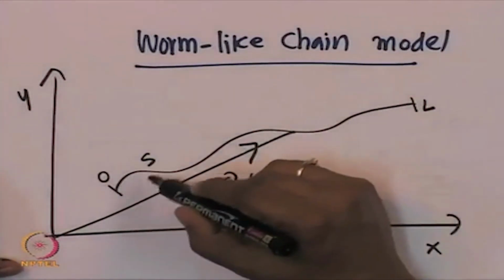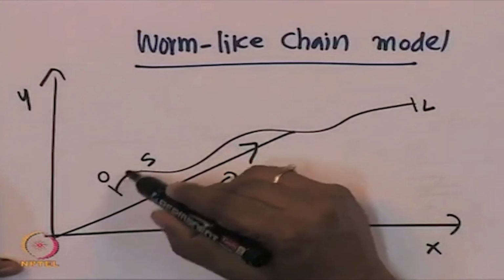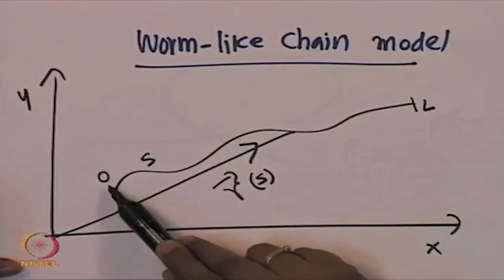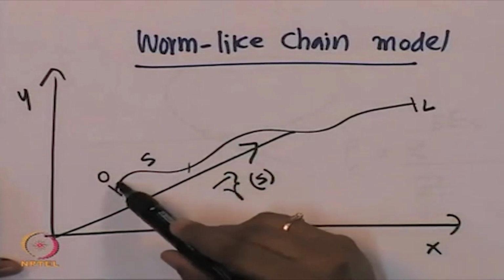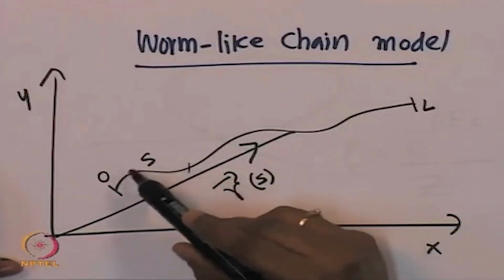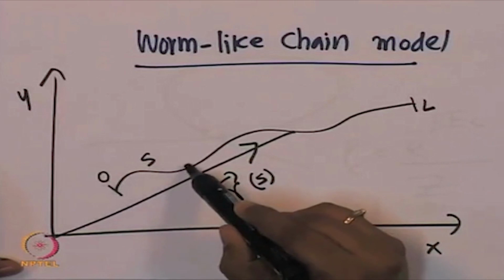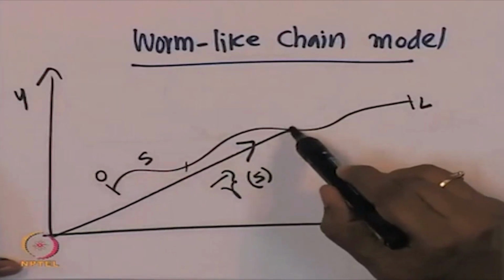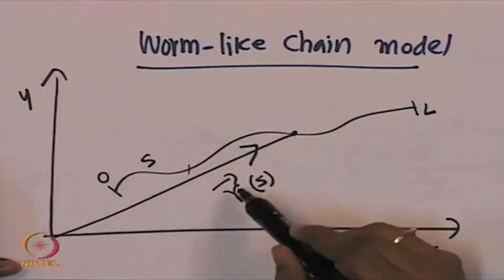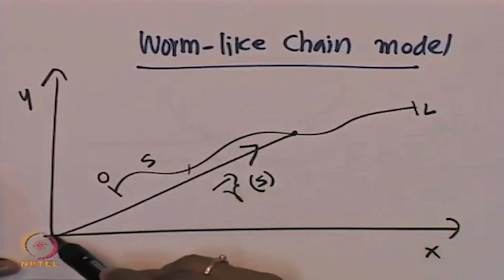S is a parameter that varies from 0 to L. So, if it is here, S is the length from one end to that particular point along the contour.